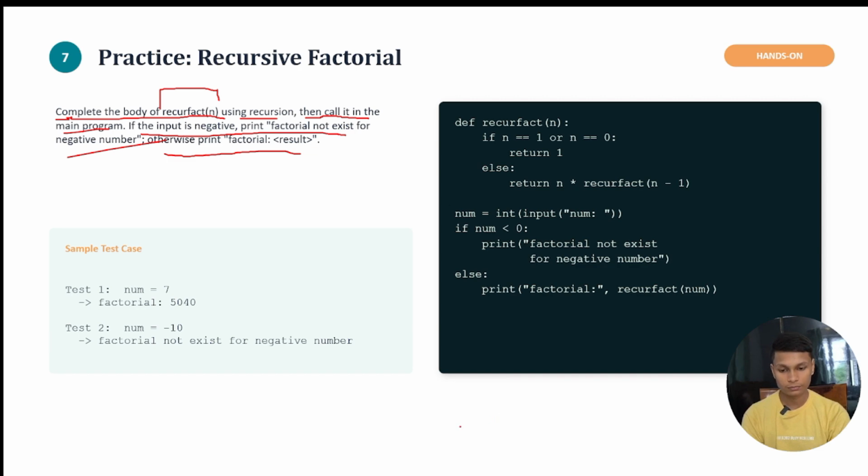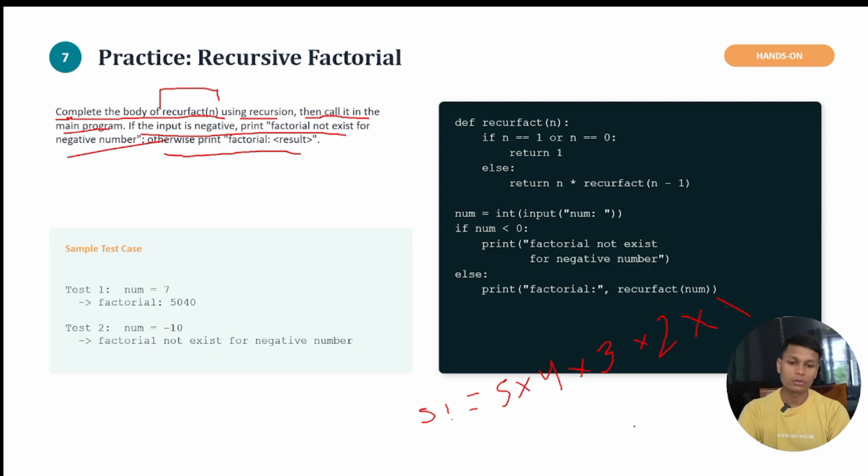You know that the factorial of 5 is written as 5 multiplied by 4 multiplied by 3 multiplied by 2 multiplied by 1. This is a way of calculating the factorial of 5. We are taking the example of 5, so that's why I am writing 5 here.